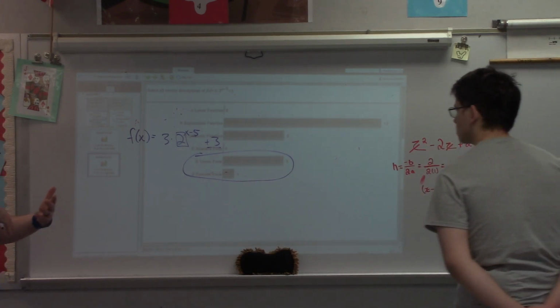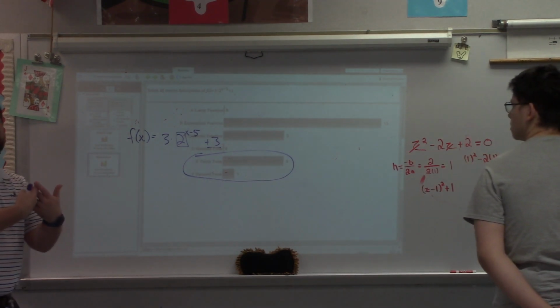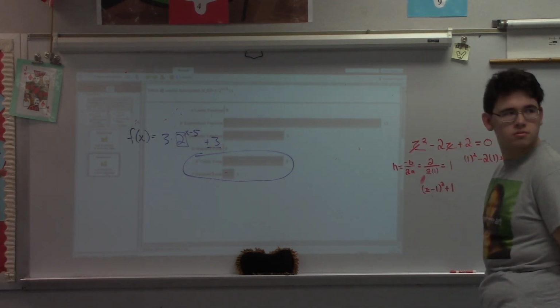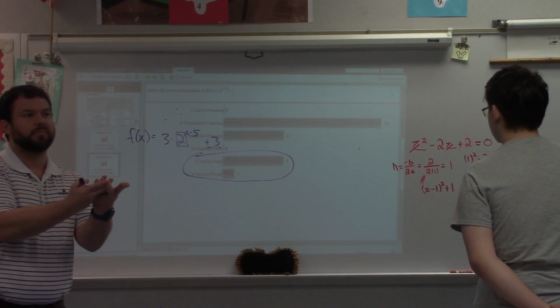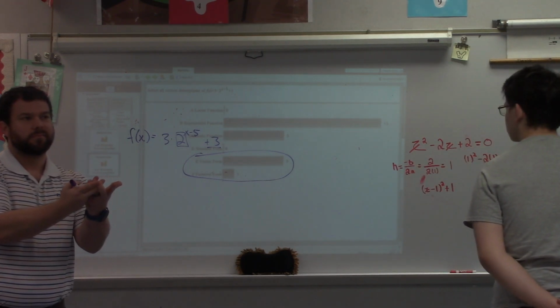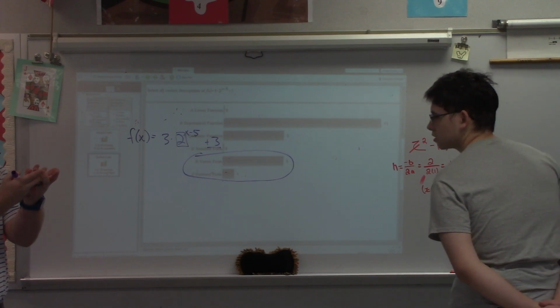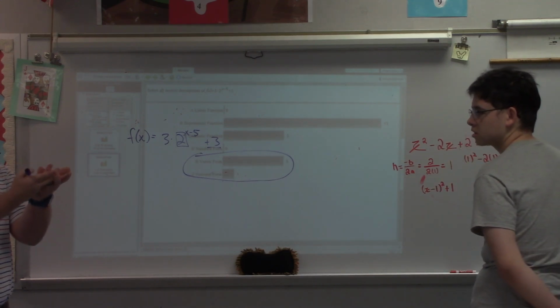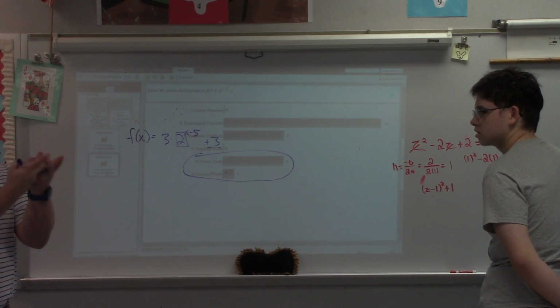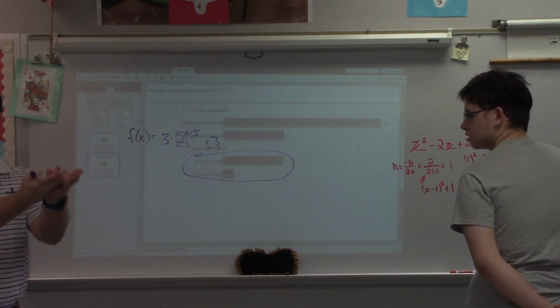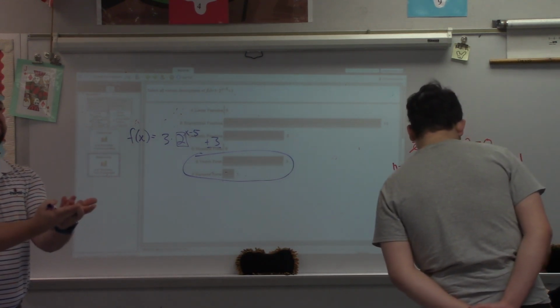Standard form and factored form don't have variable exponents because, Brianna, what are we talking about when we say vertex form or factored form? Not sure? Bella? It's not squared. We're super close now. What do we mean when we say vertex form or factored form? We're talking about what type of function.